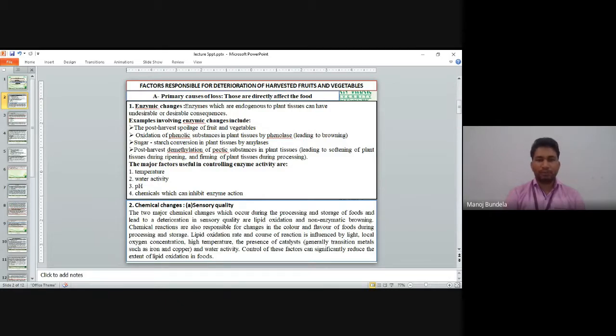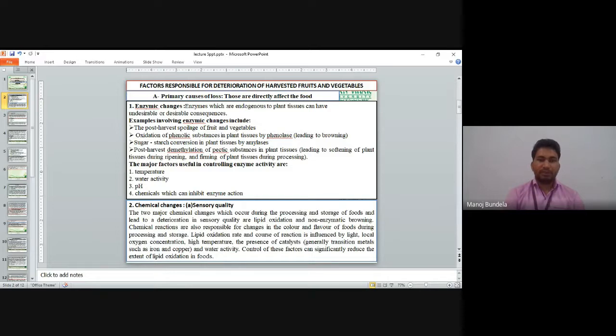Oxidation of phenolic substances in the plant tissue by phenolase leads to browning, meaning due to the development of phenolic compounds, the color of the fruits will start changing to brown. Next, sugar conversion in plant tissue by amylase. So the amylase enzyme is responsible for the change of sugar into starch.